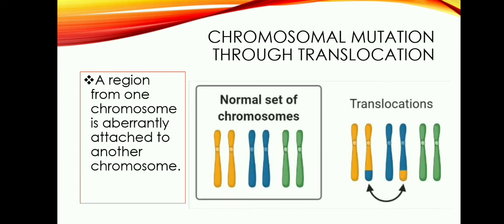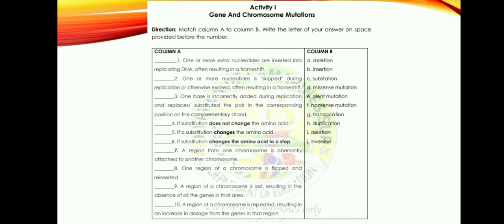Here, in the process of translocation, from the second part of the chromosome, the particular region is translocated to the fourth part of the chromosome.